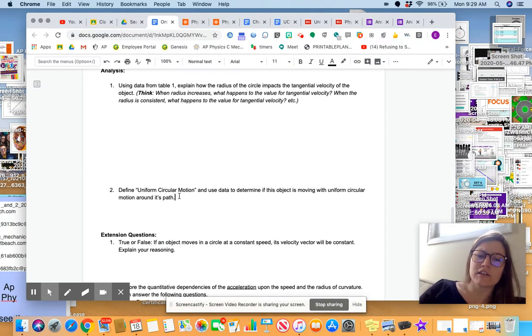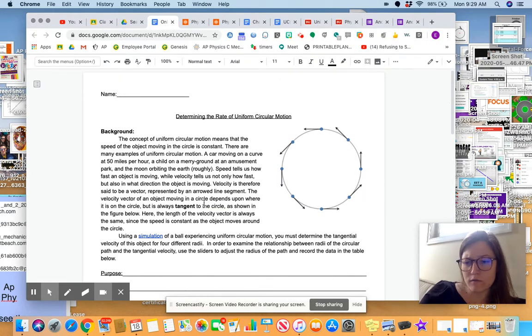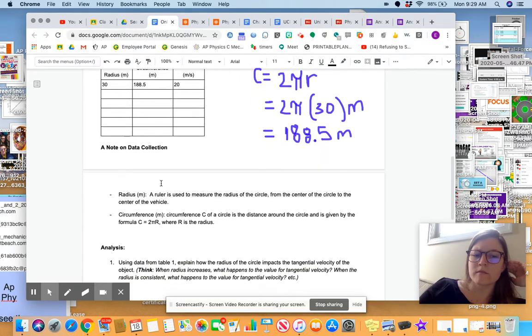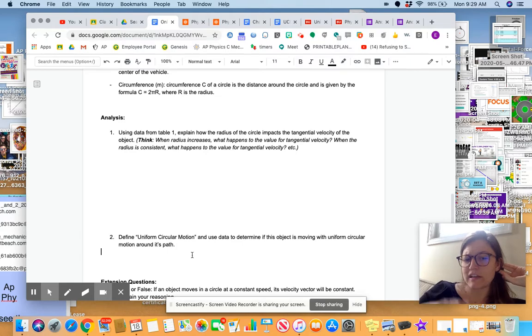The second question is you're going to define what uniform circular motion is, which is in your notes, in the multiple videos from last week, and also in the background information. So define what uniform circular motion is, and use the data to determine if this object is moving with uniform circular motion.